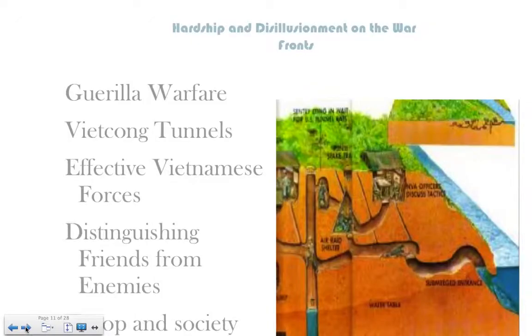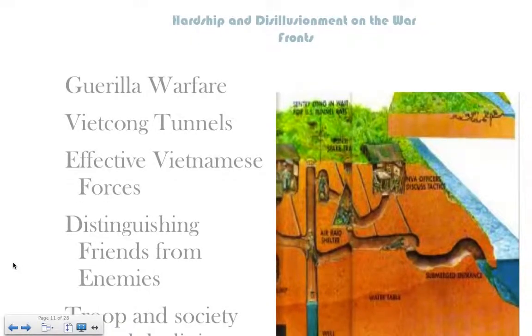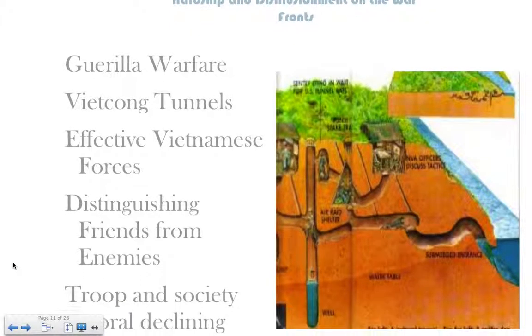Okay, this gives you a little glimpse as to the help from the Cambodian and Laos. Again, the Ho Chi Minh Trail was to bring weapons and supplies into South Vietnam. More than 300,000 people worked full-time to maintain the Ho Chi Minh Trail. The hardships and disillusionment of war, again, the guerrilla warfare. The North Vietnamese, the Viet Cong, had tunnels that were quite expansive throughout the war.